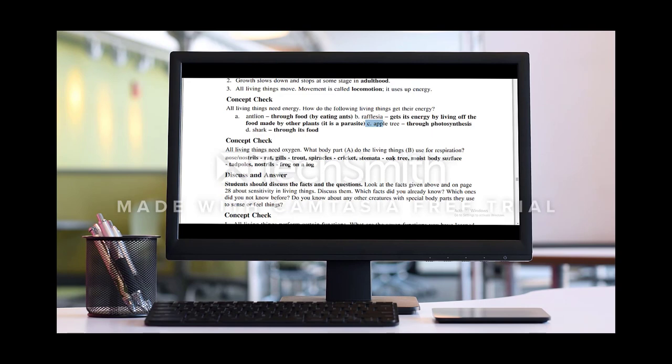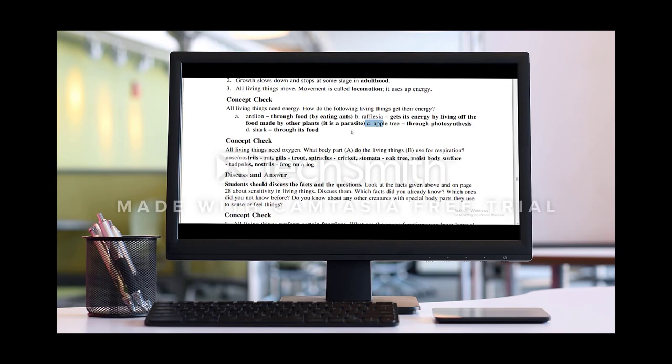Nostrils, rat, gills, trout, spiracles, cricket, stomata, oak tree, moist body surface, tadpoles, nostril, frog on a log.